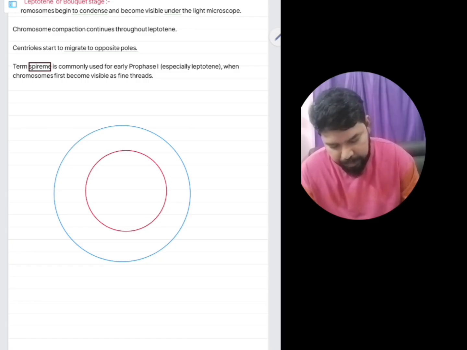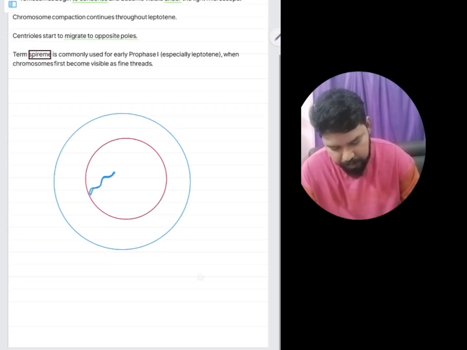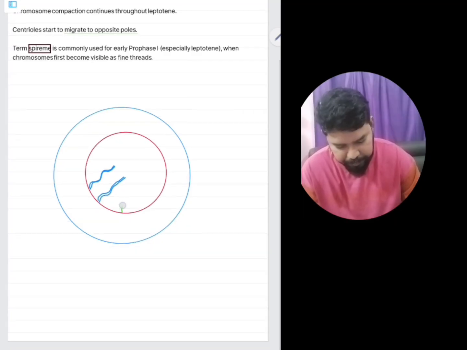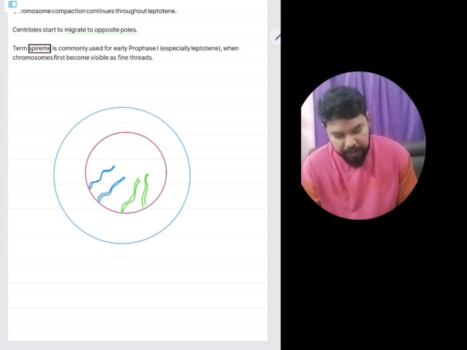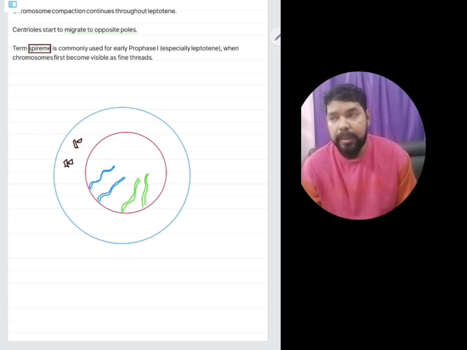So let me take the chromosomes. That chromosome will be condensed more in this period. And the number of centrioles will also be 2, because in S phase, the synthetic phase, the centriole also replicates and the DNA also replicates.